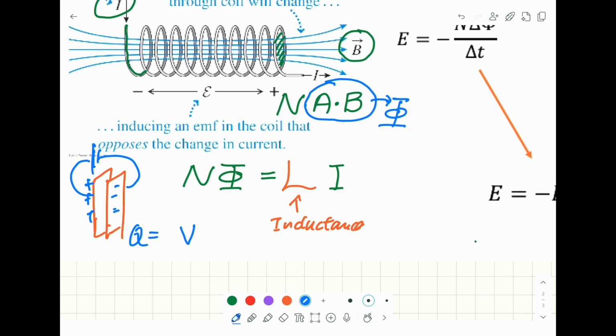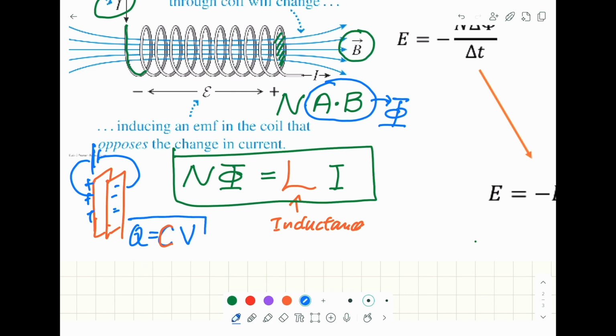The proportional constant is C. So can you see, this is how we defined the inductance, and this is how we defined the capacitance. Both C and L are proportional constants, but in a different configuration.